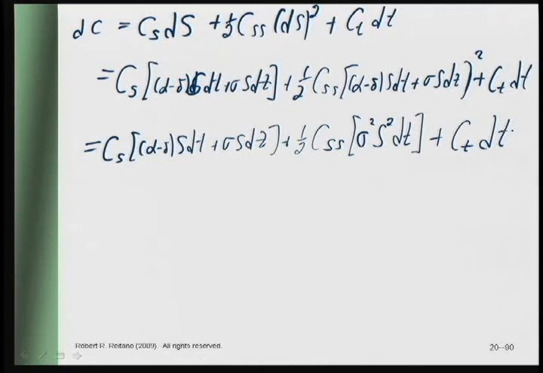Here is an example of where those rules of thumb apply, as to how to deal with the dt and the dz differentials when you're multiplying out these various expressions. Again, we know there are those other terms. There is a dt squared term. There's a dt dz term.